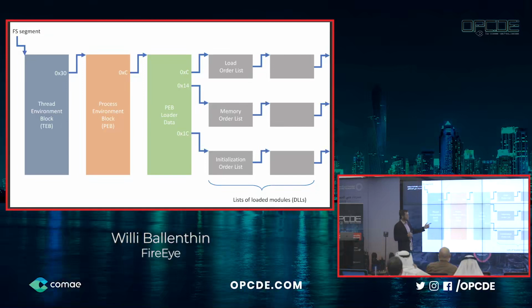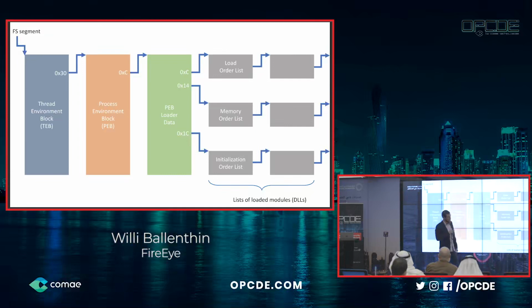That data structure points to the PEB, metadata about the current process, which has a pointer at offset hexadecimal C, to another data structure called the loader data, which has a number of pointers to various linked lists of DLLs that are loaded on the system.